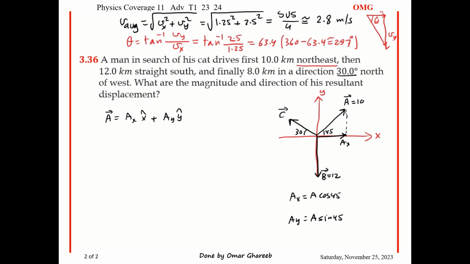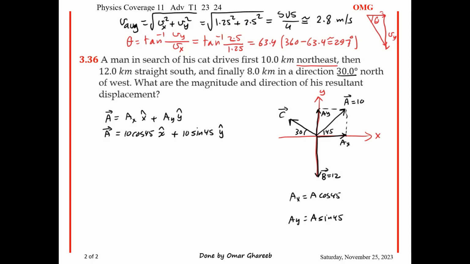And ay is opposite to the angle. So ax is a cosine 45. A is 10 cosine 45 in x hat, plus again it is 10 but sine 45 in the y direction. This is the vector A.